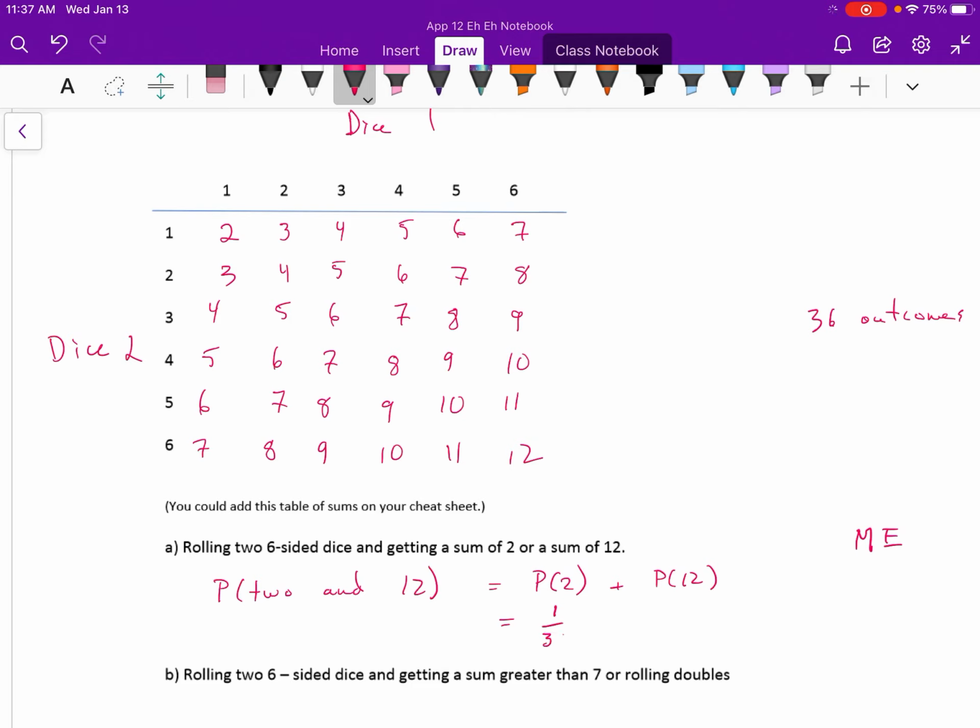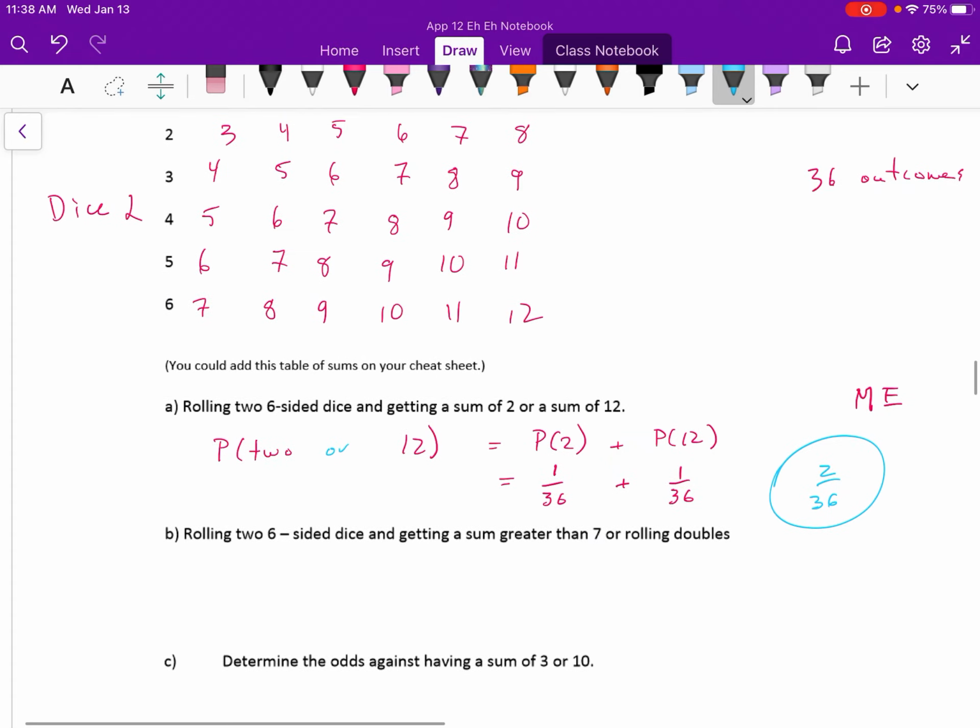If we take a look, the probability of rolling a 2 is 1 out of 36, because it happens exactly once out of 36 times. Now, the probability of rolling a 12 is also 1 out of 36. So the probability of rolling a 2 or a 12 is 2 out of 36.